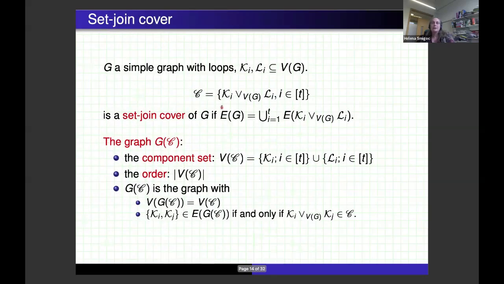So the cover is the selection of set joins, and then these set joins have different components appearing. And what I would like to minimize is the number of components. Why are those two things different? Because the same component can appear in several different set joins. So then the component set will be smaller than twice the number of elements in the set join cover.